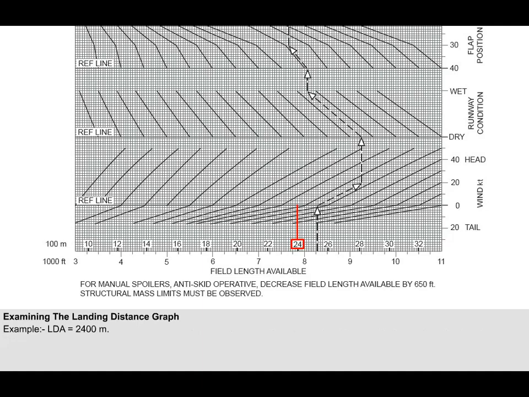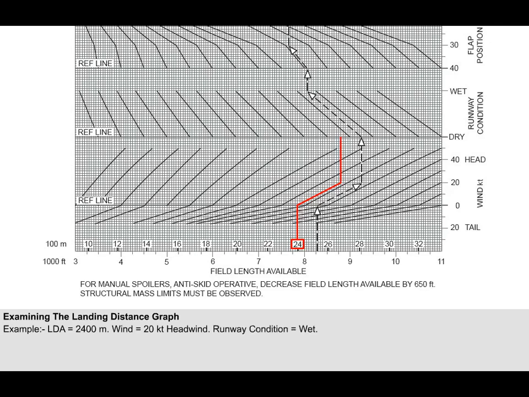Therefore, move upwards from 2,400 meters until the reference line for wind. For tailwinds, move down and left along the sloping guidelines, and for headwinds, move up and right. We'll assume a headwind of 20 knots, so move up and right along the sloping guideline until you reach 20 knots headwind.